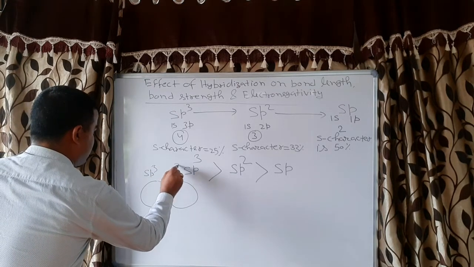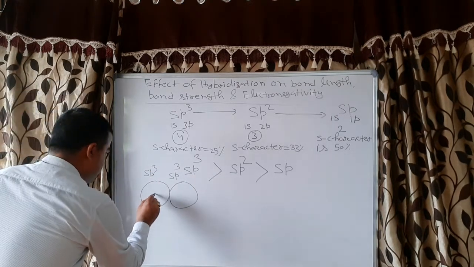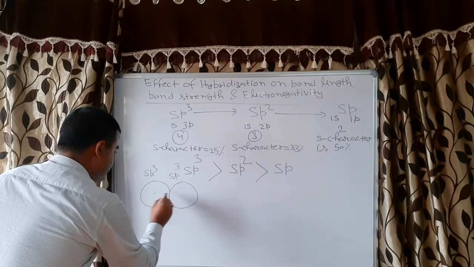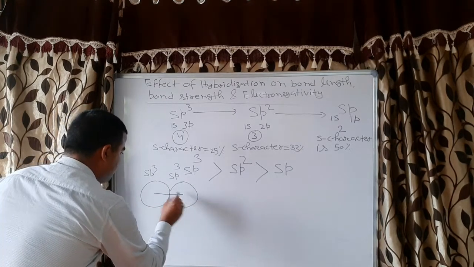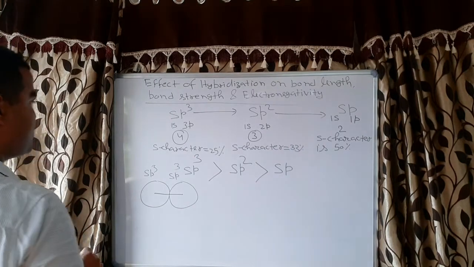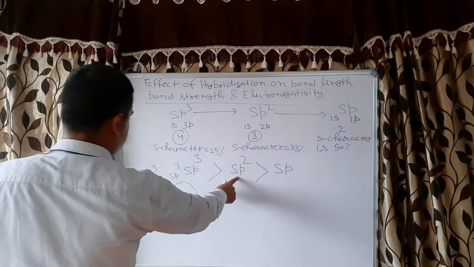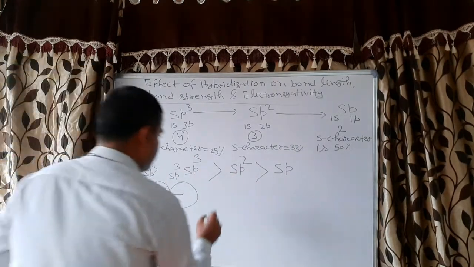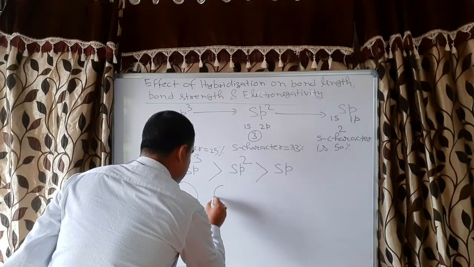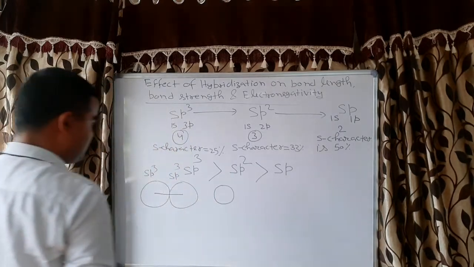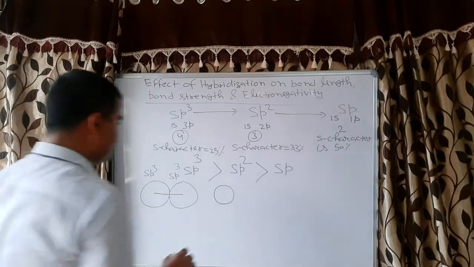Then the bond length will be considered from the center, and this will be the bond length. Correct? Now come to sp2. sp2 is smaller than sp3. So suppose this is the smaller size. Correct? It is smaller than sp3.